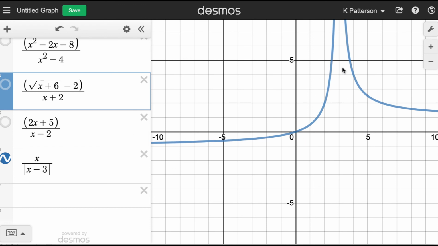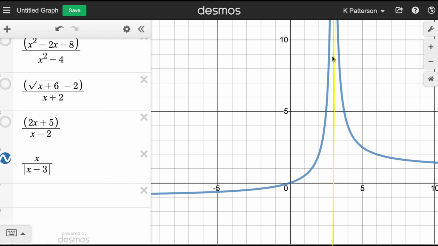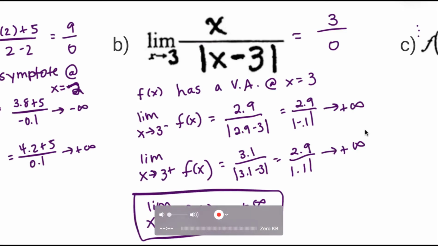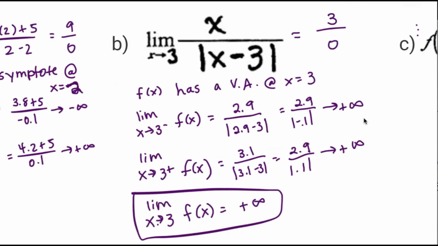So at 3, you can see that there's an asymptote, but from the left and the right, they're both going to positive infinity. This is going to happen a lot when you have the absolute value bars. So the absolute value bars, instead of getting a negative and making them go opposite, will turn it to positive.